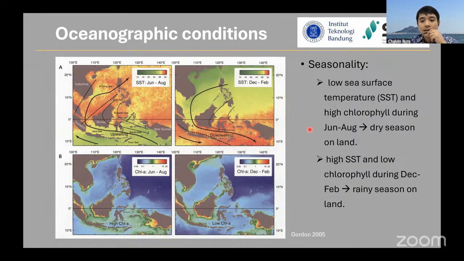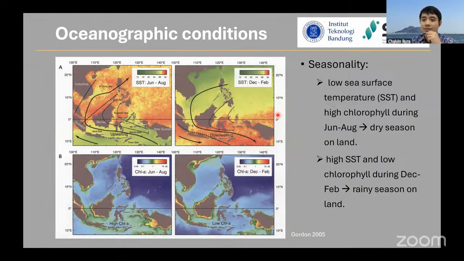Then in December to February, so roughly 6 months from now, the opposite will happen. When it's summer in Australia, it's winter in mainland Asia, like in Thailand, Vietnam and China.